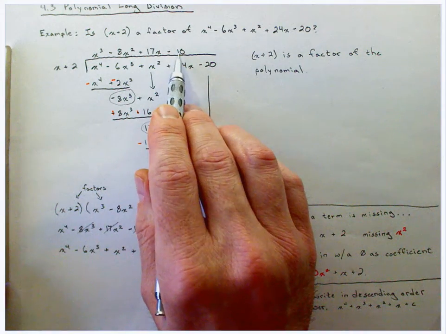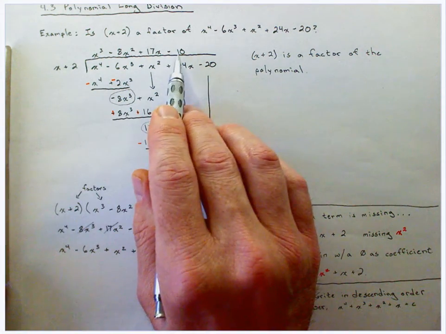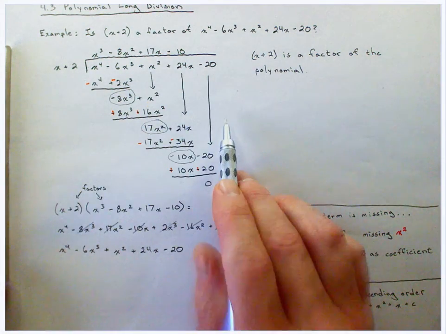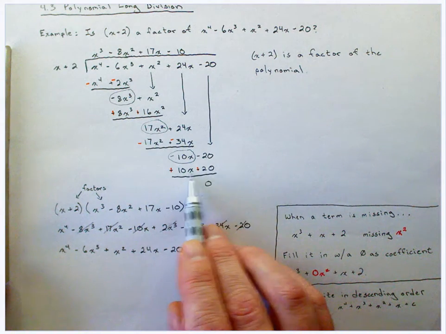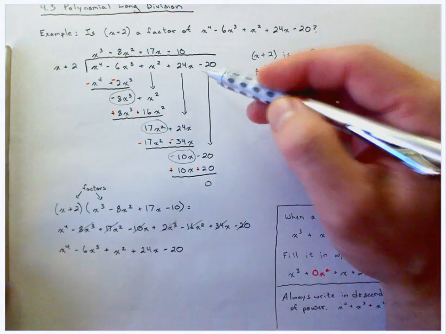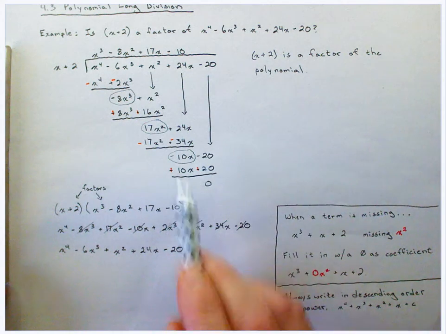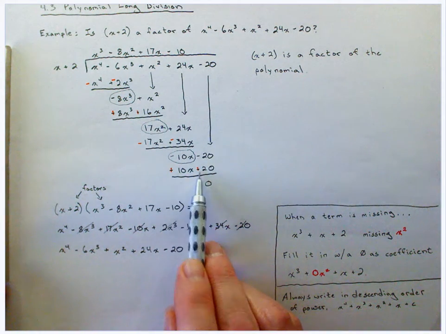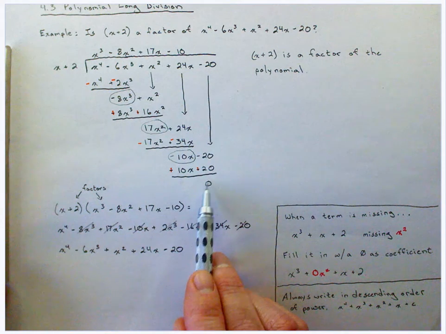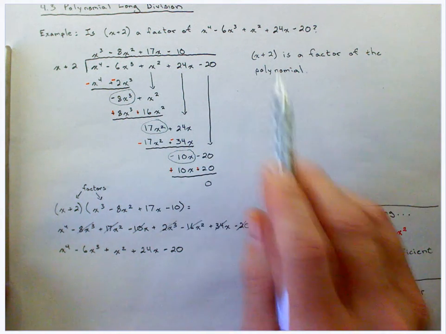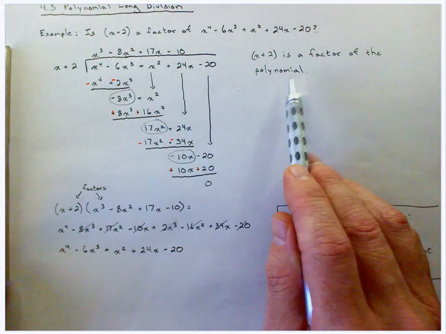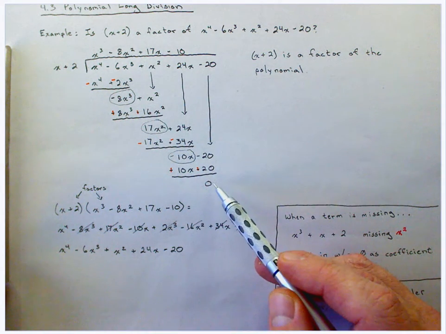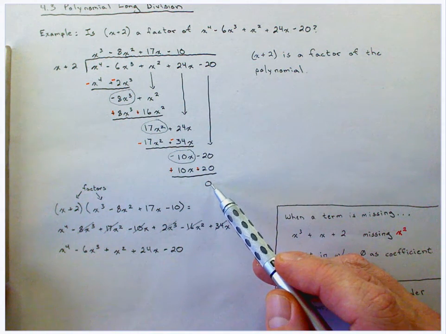So I take a -10 and I multiply it by x, and I say -10 times 2, which results in a -10x minus 20. Oh, I'm sorry, and I drop my -20 down also. I'm subtracting, so I flip the signs, do the math, and I end up with the remainder of 0. x plus 2 is a factor of the polynomial because my remainder is 0.